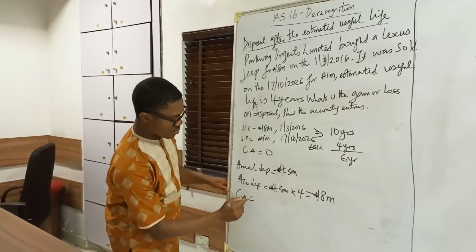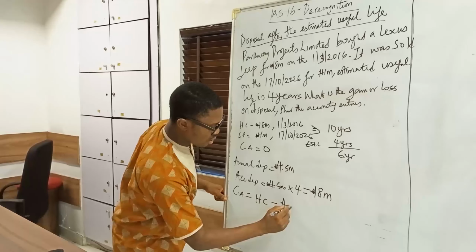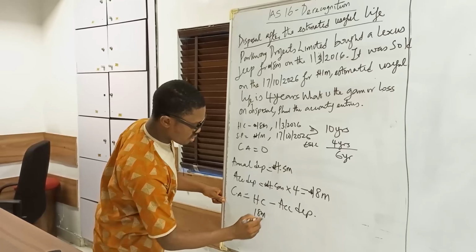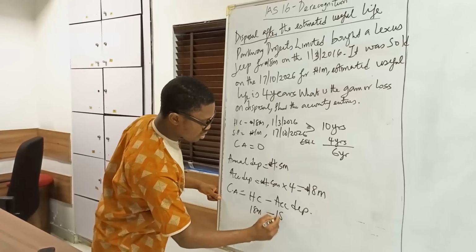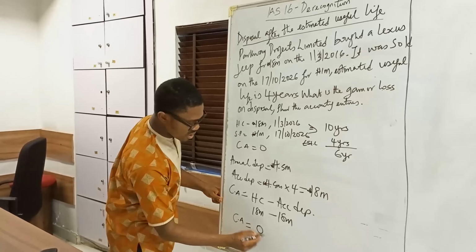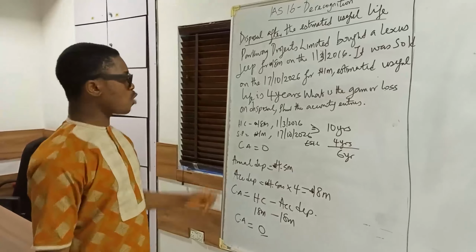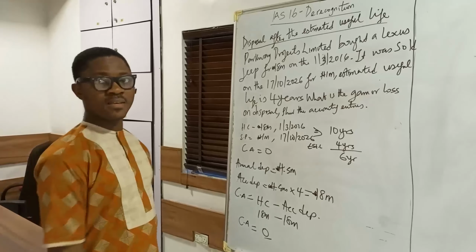Carrying amount will be historical cost minus accumulated depreciation. What's our historical cost? 18 million. Accumulated depreciation is also 18 million. That means the carrying amount after the 4th year is zero. And we are saying that this same asset was sold for 1 million naira in the 10th year.